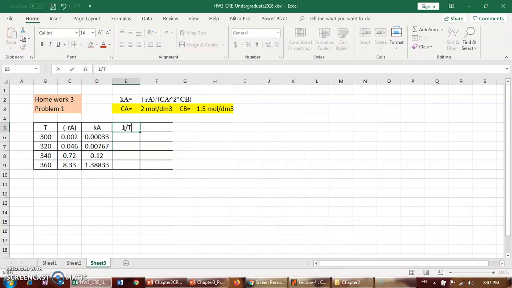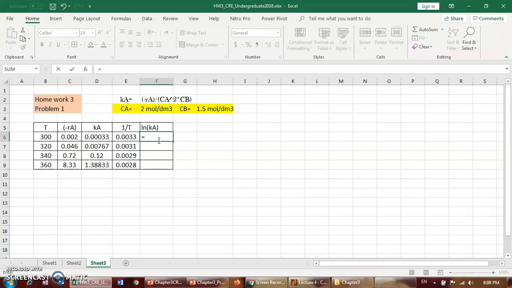So we make 1 divided by T, and that will be equal to 1 divided by our first column, T. Just enter, and you'll see our value here, then we can copy and paste. Right, so we have all values of 1 upon T, and then we take ln of Ka. We have done it in our first example in the video.